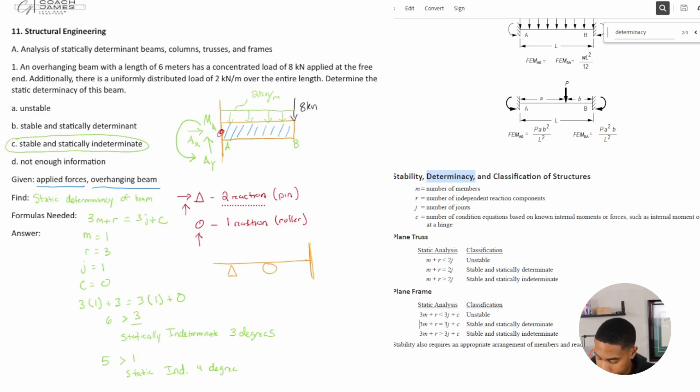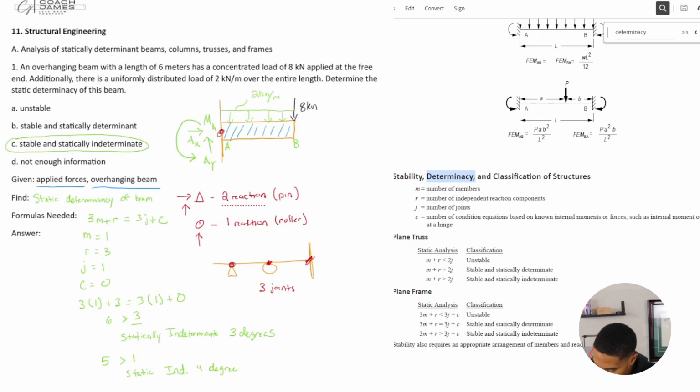So every time, remember, every time it's glued to something or stuck, that's where a joint goes. So to connect your beam to your pin, that's 1 joint. Okay. So to connect to my roller, it's another joint. And then to connect to my fixed support, so that's going to be 3 joints.